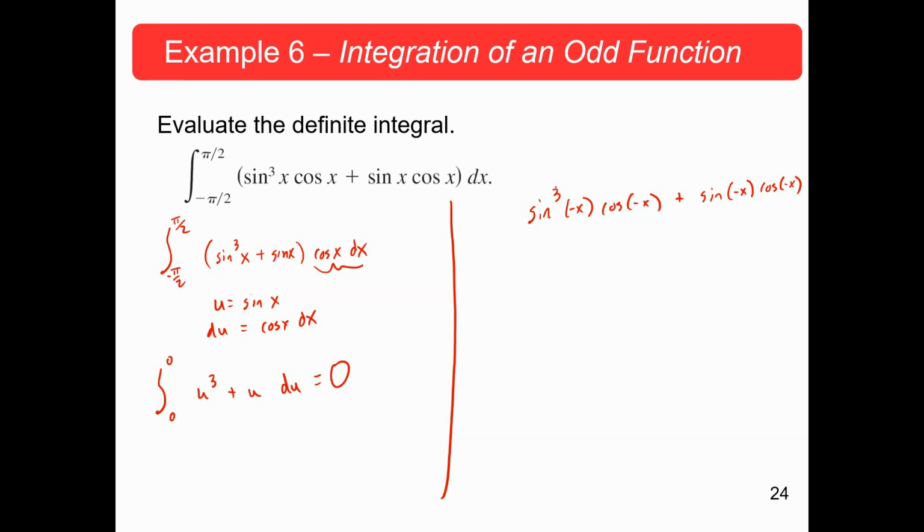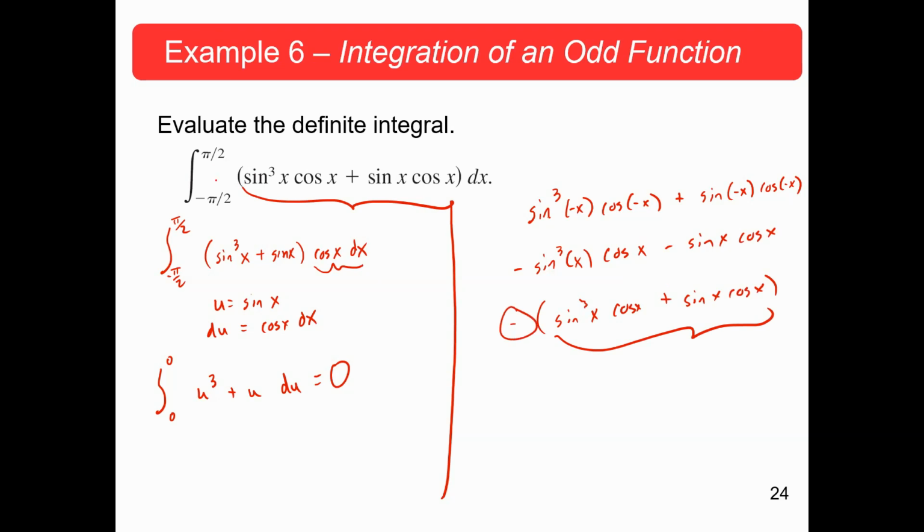The minus sign does not get eaten because that's odd, so negative sine cubed x. Cosine does eat it though. Here the sine brings it out, minus sine x, cosine eats it. So if I factor the negative sign out, I get negative sine cubed x cosine x plus sine x cosine x. Same thing as this, only difference is it's minus sign, therefore it's odd. Odd being evaluated from negative to positive is 0.